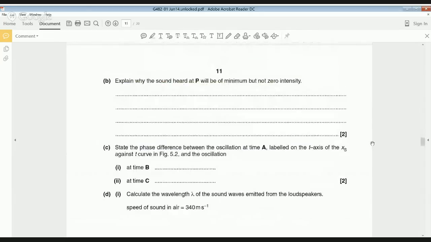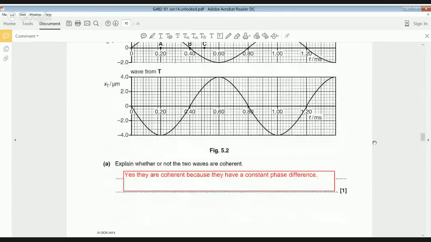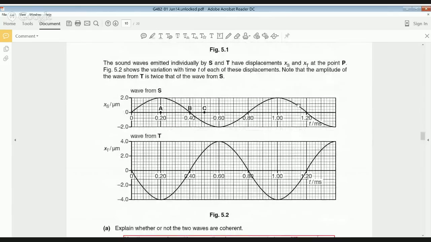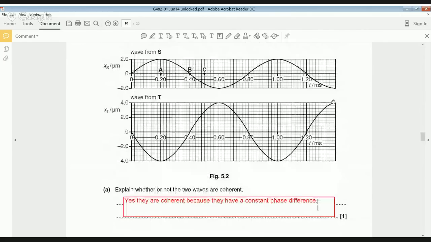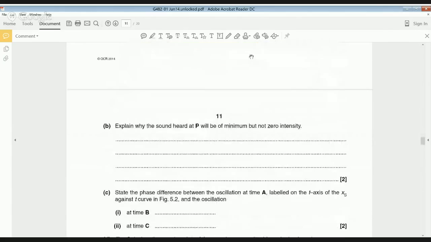Explain why the sound heard at P will be of a minimum but not 0 intensity. So these are the graphs measured at the point at P, and you can see they are perfectly out of phase with each other at point P. So the first thing we need to do is explain why there will be a minimum.